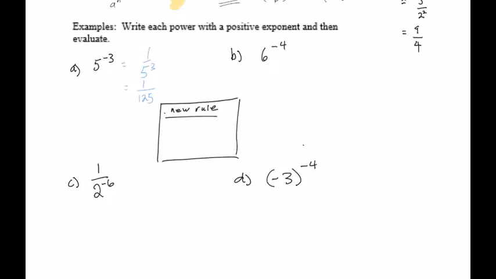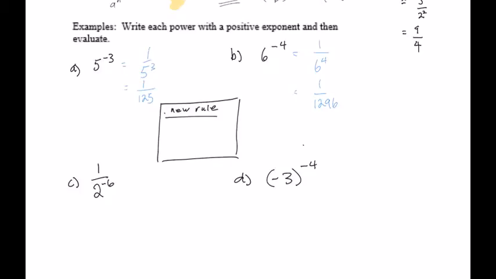For 6 to the negative 4, we can write this as equal to 1 over 6 to the 4. By doing our calculations, 6 to the 4 is 1296. So it ends up being 1 over 1296.